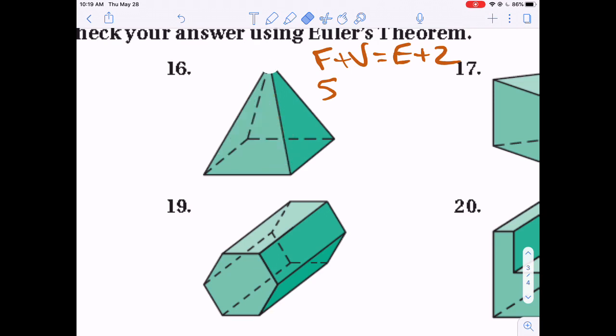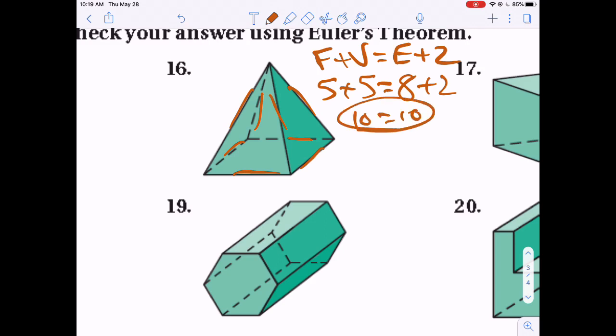Those are the points. 1 point, 2 point, 3 point, 4 point, 5 point. Yeah, 5. And the edges, again, those are all the straight lines. So 1, 2, 3, 4, 5, 6, 7, 8. 8 edges plus 2. 10 equals 10.